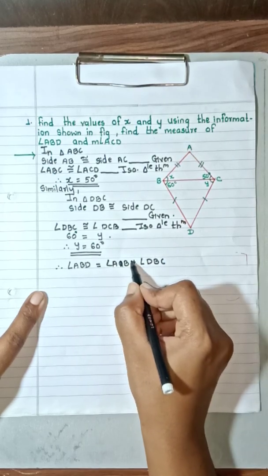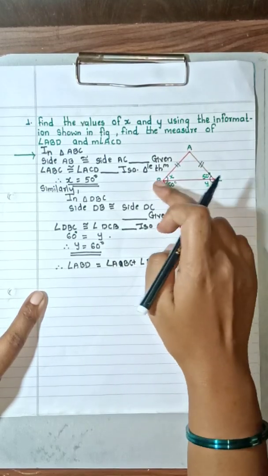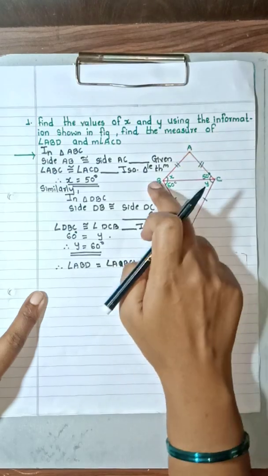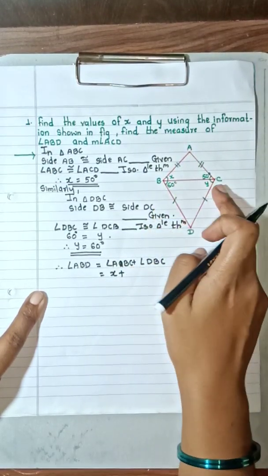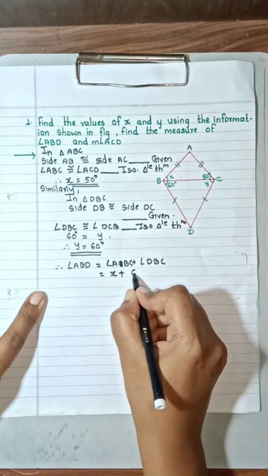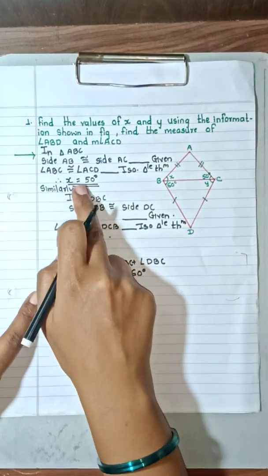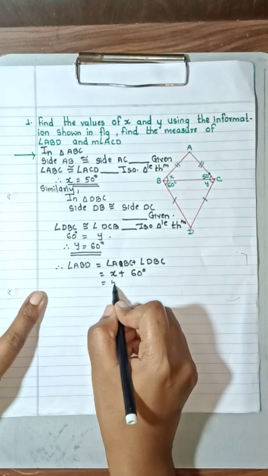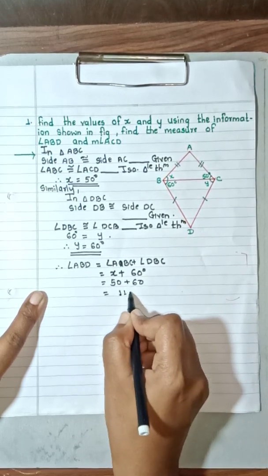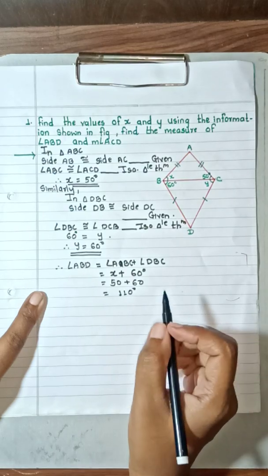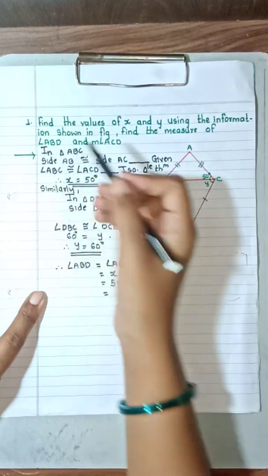Now what is ABC? ABC is x plus DBC, which is 60 degrees. Just now we have got the value of x, that is 50, plus 60 is equal to 110 degrees.